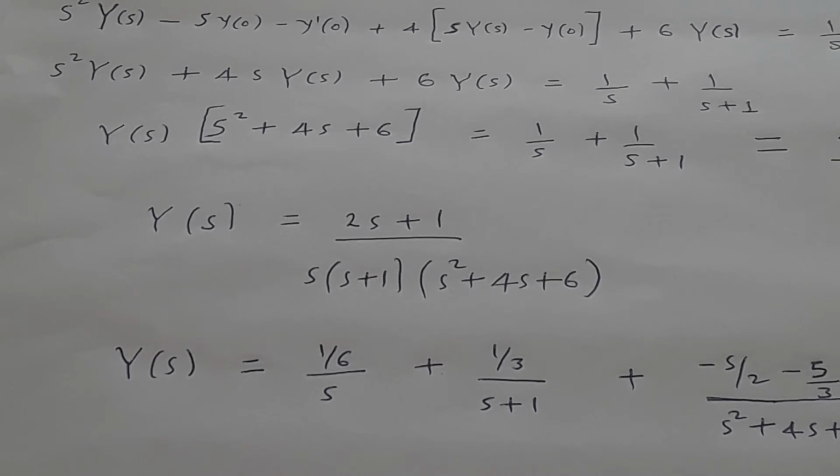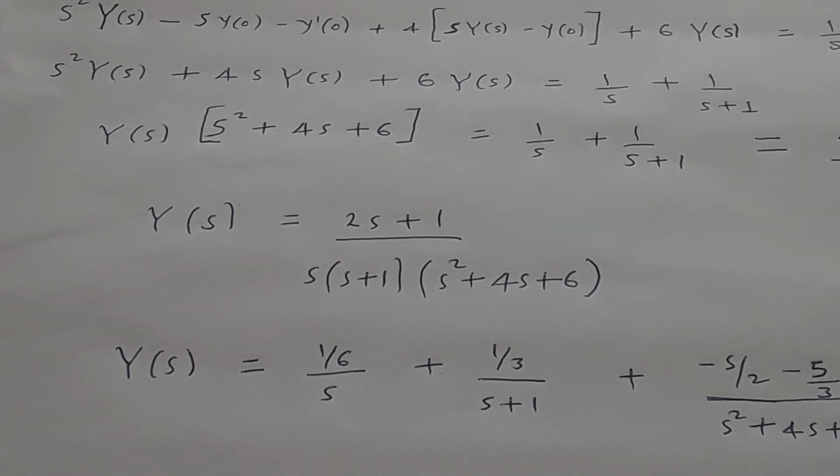We have completed the second step, that is solving for the unknown transformed function, where the unknown transformed function is here. Now we have to apply the inversion rule, that means applying the inverse Laplace transformation. To do this, we have to make the partial fraction decomposition.